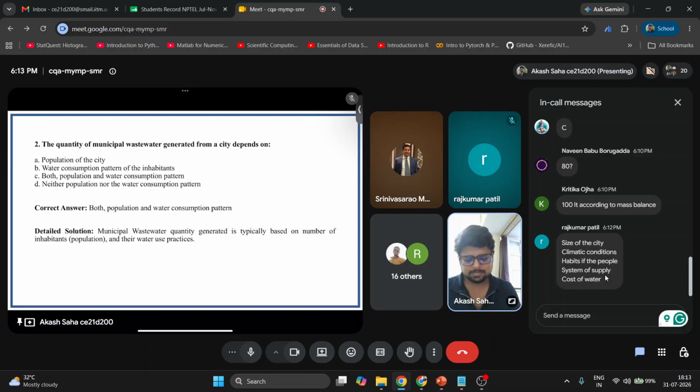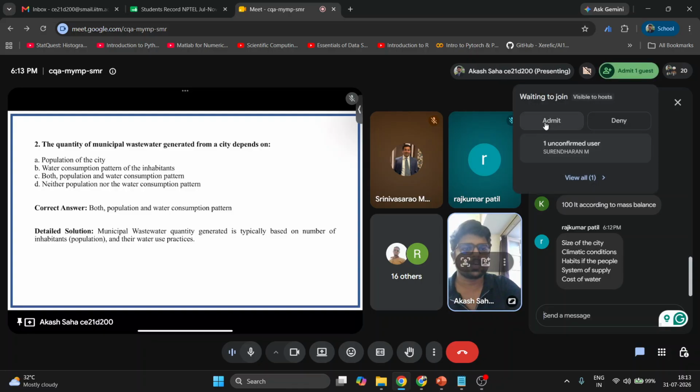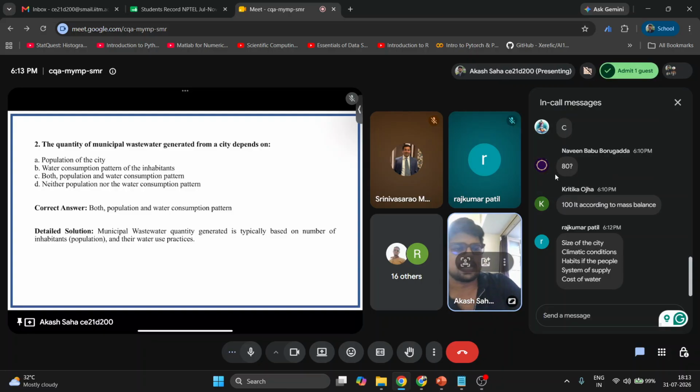System of supply. Okay, so this is somewhat tricky. System or the cost of water: do you think if the cost or the system of supply changes, the water demand will change? If the cost of water is more, do you think the amount required for a person will change?